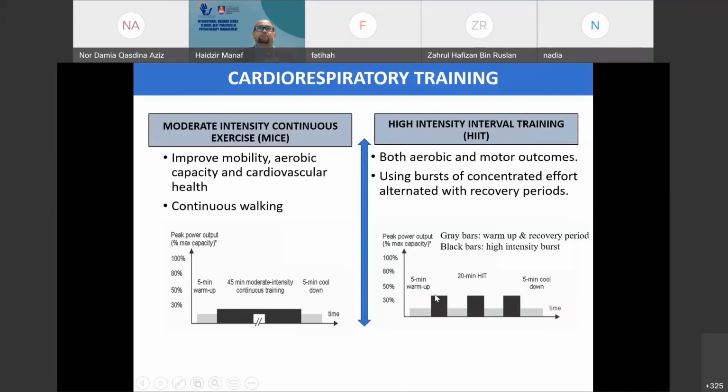The maximum will be about 40 to 50% if you start with the light. Then you have another passive rest, another burst, and another rest. So the patient at least has rest in between the bursts. Previous studies show that HIIT improves both aerobic and motor outcomes, especially walking speed if you are using the treadmill with the harness.